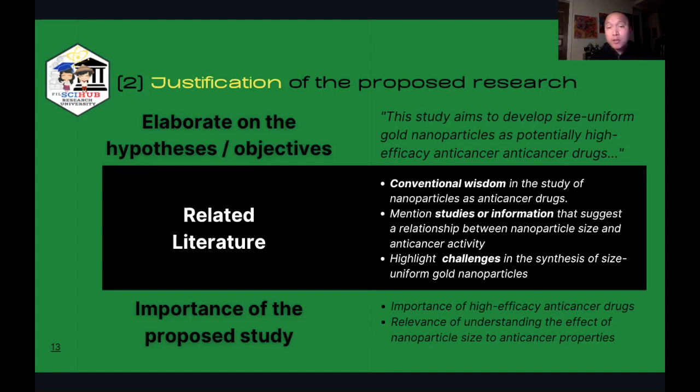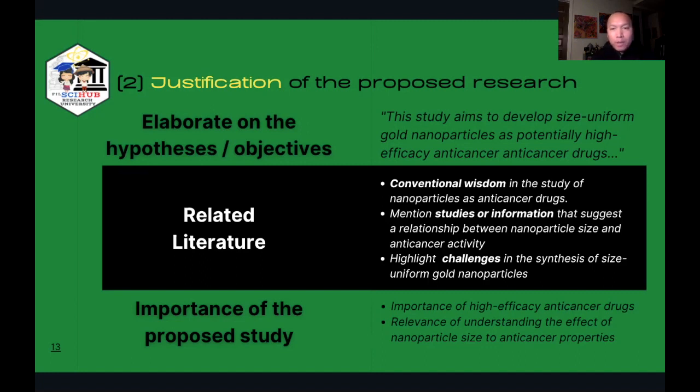What has already been established when it comes to nanoparticles as anti-cancer drugs? And then you mention studies and information available from the open literature. Are there findings that suggest that a relationship between nanoparticle size and anti-cancer activity is important for cancer treatment? So you are trying to provide them with pieces of information that motivated you to propose that size uniformity is a very important aspect of nanomaterial drug development.